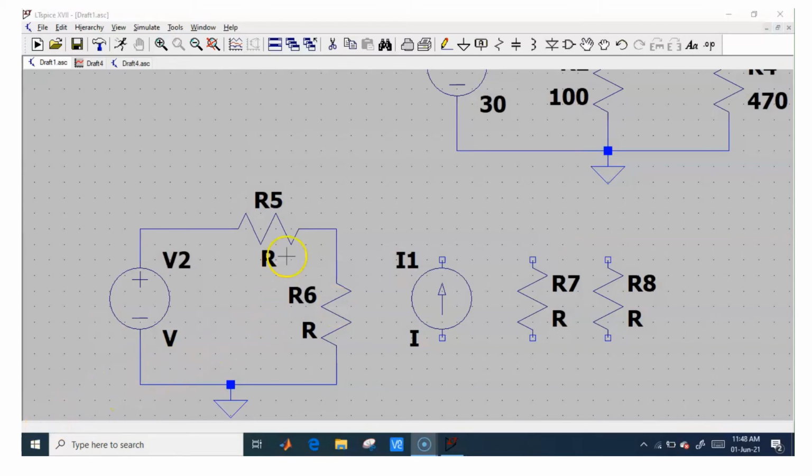According to Thevenin theorem, we will be connecting the resistance in series with the voltage source. According to Norton's theorem, we will connect the resistance in parallel with the current source.